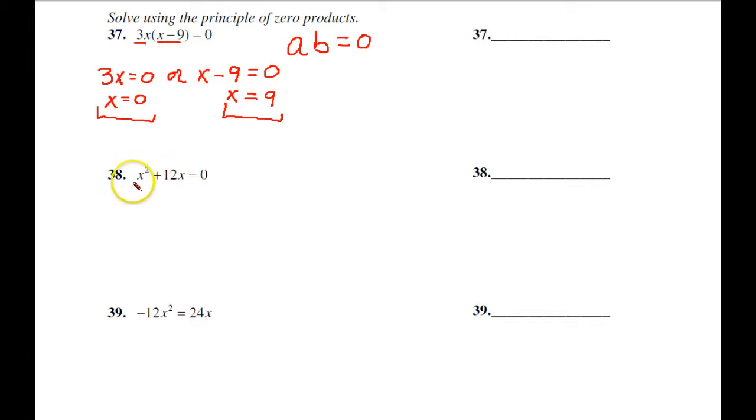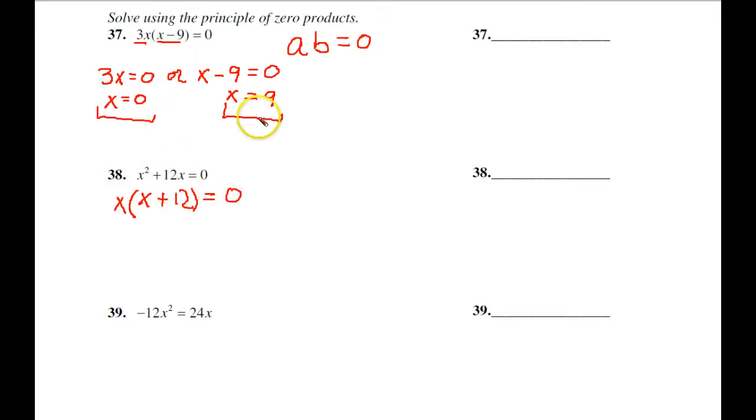Now, for this one, we have to take out the greatest common factor here, which is going to be x. We factor out the x, and we're left with x plus 12. And they're saying that that equals 0.